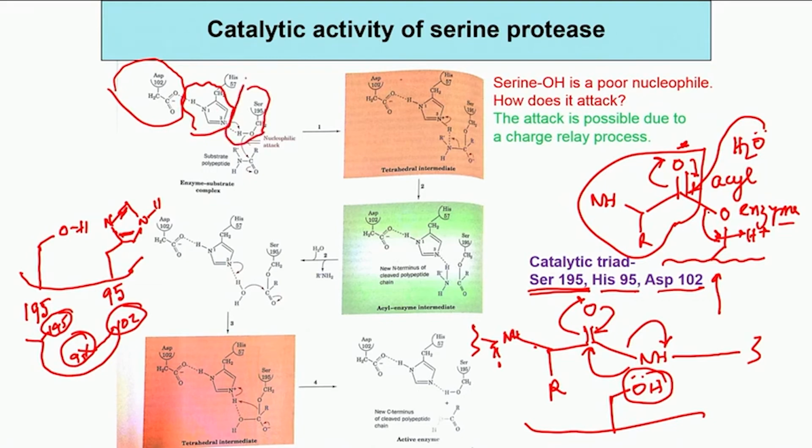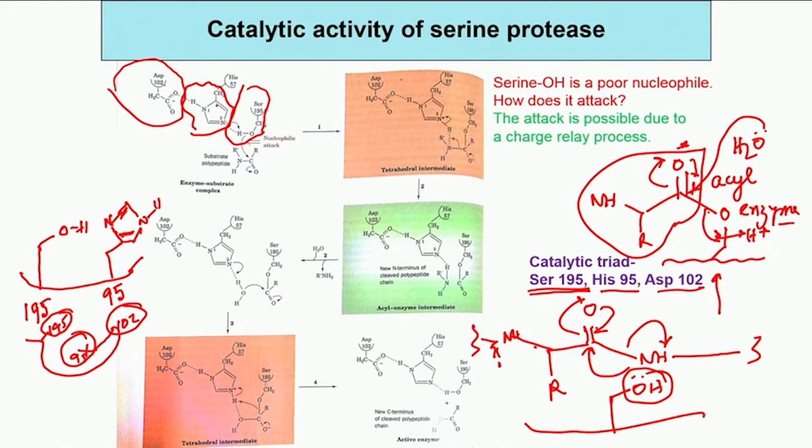So, what is activating serine? We know that an alkoxide is a very powerful nucleophile, and not the alcohol. Now, the making of this alkoxide is assisted by these other amino acids, aspartic acid, then histidine.